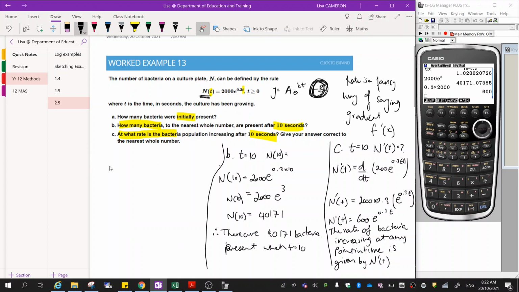So our gradient function, and we're going to substitute 10 in.